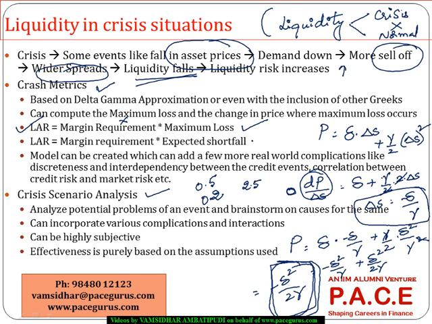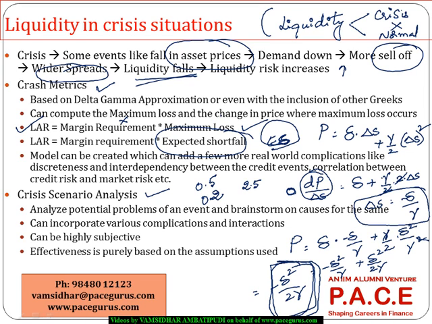And in some cases, people don't compute this kind of an aspect. If for securities we are able to find out an expected shortfall kind of a measure, whatever expected shortfall is computed, you multiply by the margin requirement to arrive at the LAR. And sometimes even more complications can be built into the model, not so simplified kind of models.